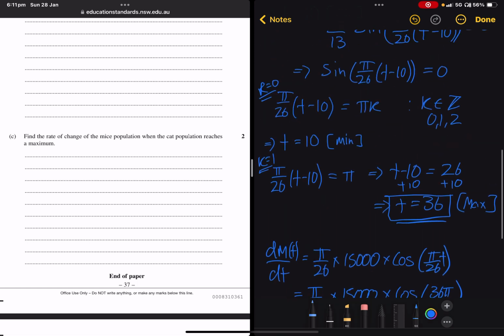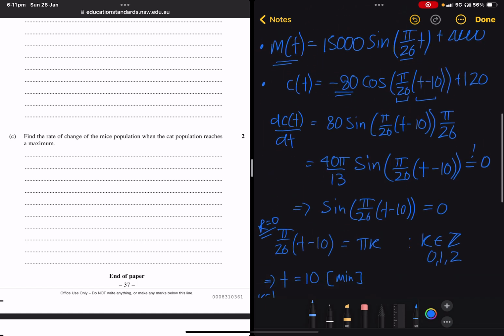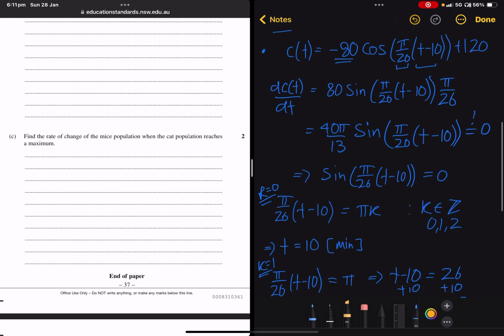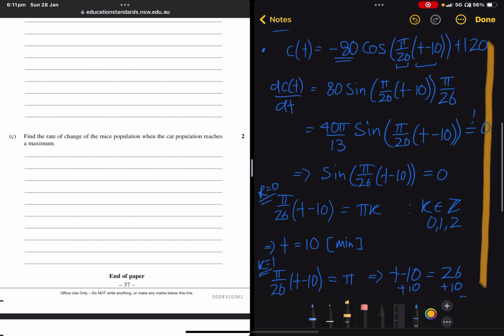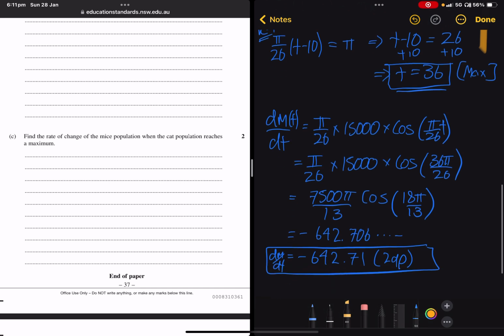In this question, there's a few ways to do it. If you do it algebraically, you'll get 1 mark for the working. So there'll be 1 mark just allocated to a whole heap of working that essentially gets you the answer, but doesn't get you quite there. The second mark will be the remainder of the working, and then the fact that the derivative at that value is minus 642.71. If you use the graph, you could in theory use the graph. It's not a good idea in this question.